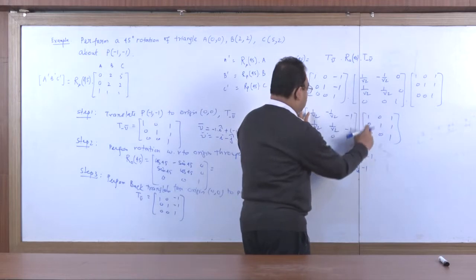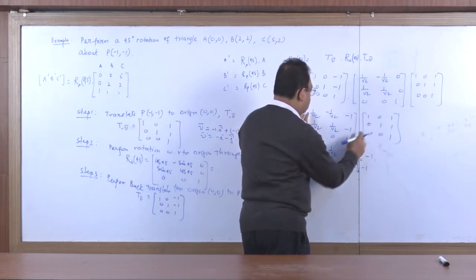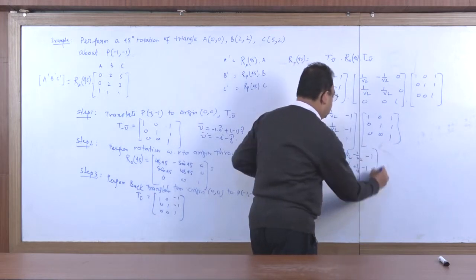After that, this into this. So, this is 0, this into this, that is 0, then this into this, that is 0, then this is 1. So, this is the composite operator.